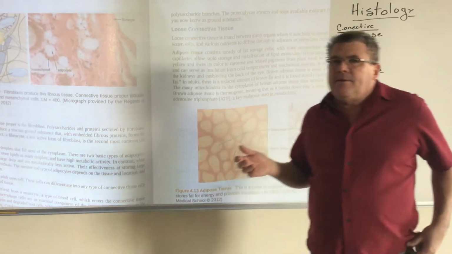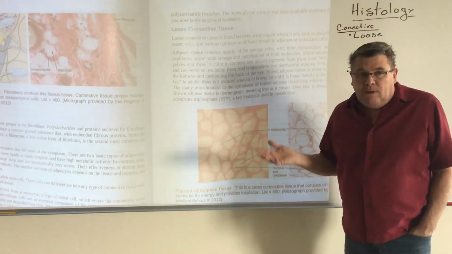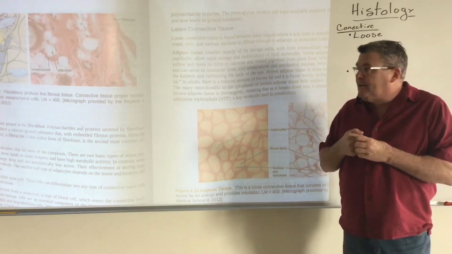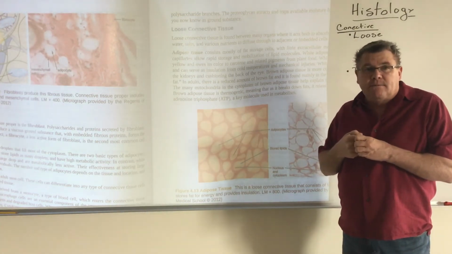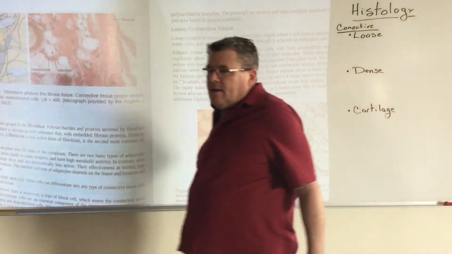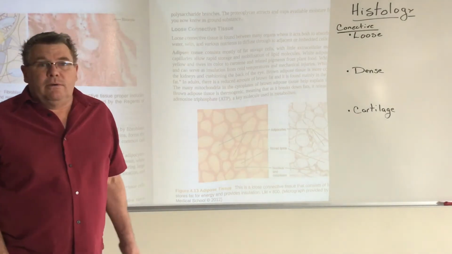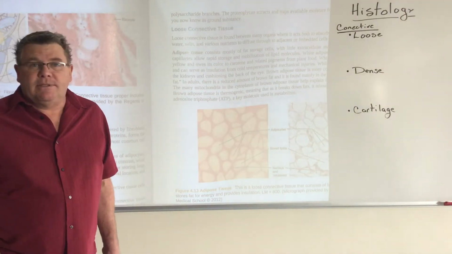We also looked at some other things that are very unique, like bone, muscle, blood, and blood is a tissue. The extracellular matrix just happens to be plasma. It's not a solid extracellular matrix like you would find in something like bone or cartilage that we'll be dealing with today.